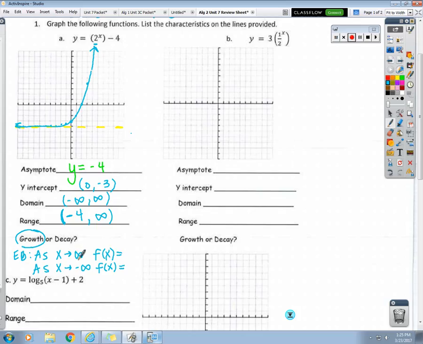When it goes to the right. So if you follow this function to the right, the y values are all going up forever. Oh, and I didn't mean to write equals. I meant to write arrows right there. What does x approaches negative infinity mean then? Left, and as you go to the left, all the y values are approaching what? The asymptote at negative 4.